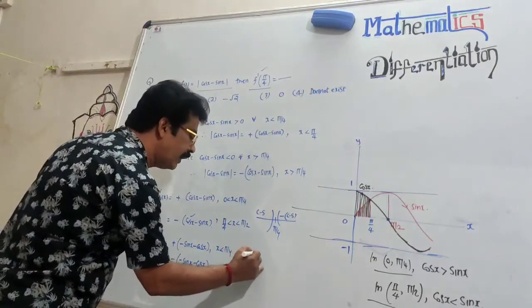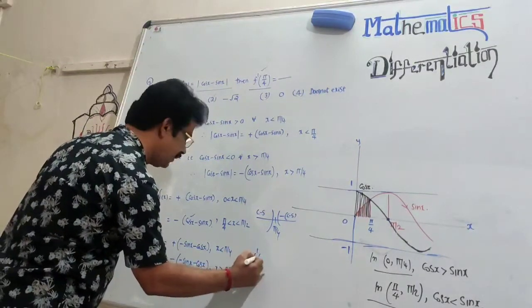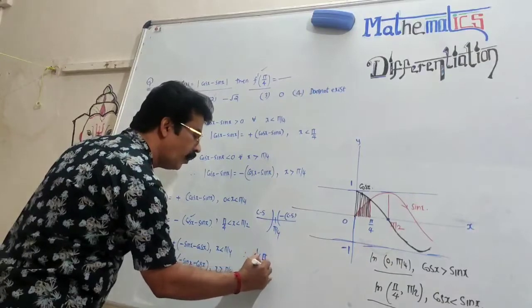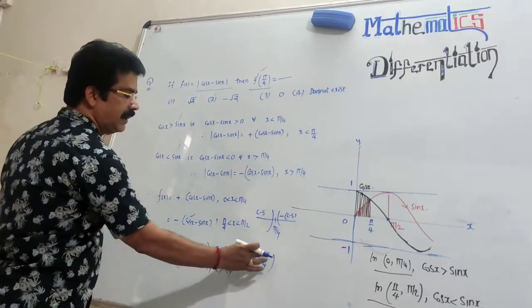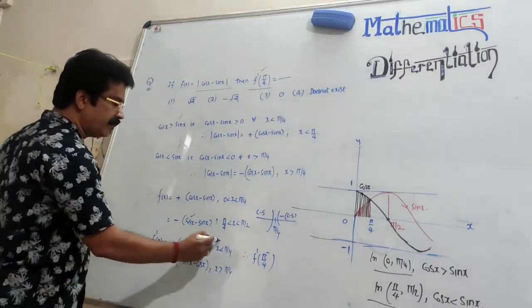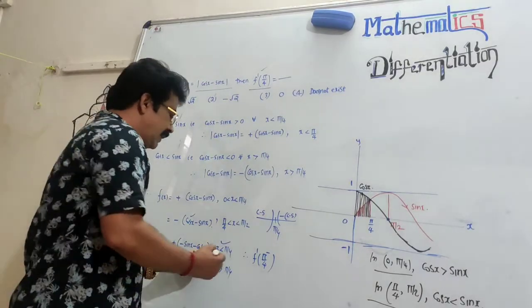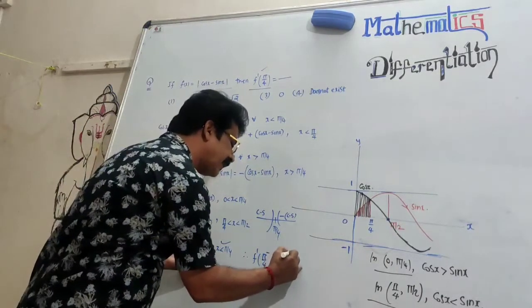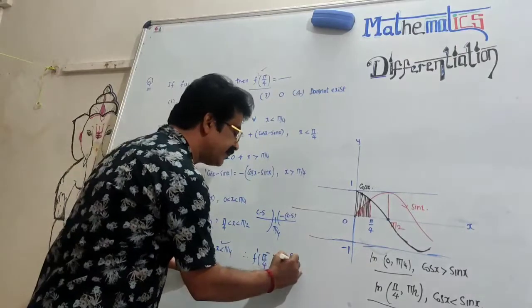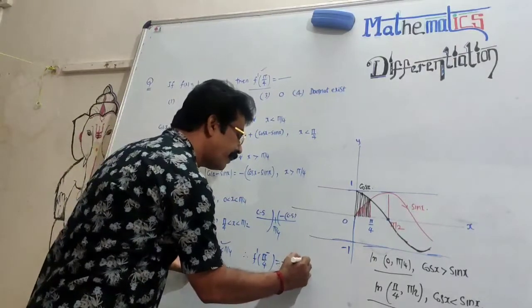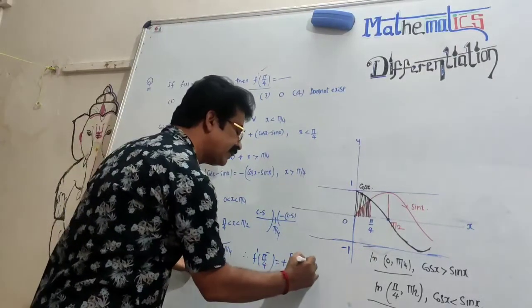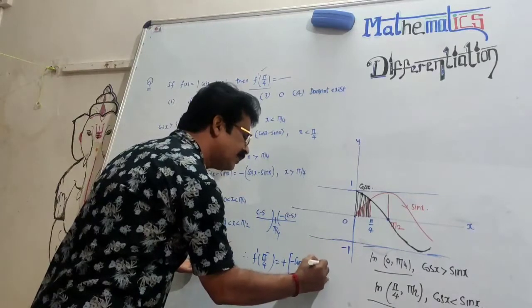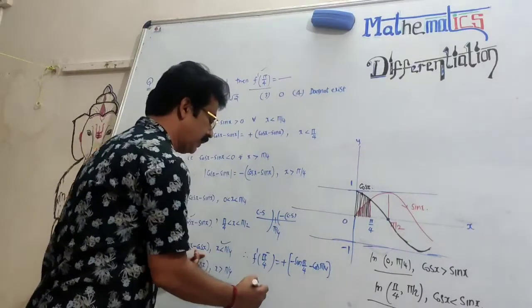So therefore f dash of pi by 4 minus means left hand derivative, minus means this area. So it is minus sin pi by 4 minus cos pi by 4, right?